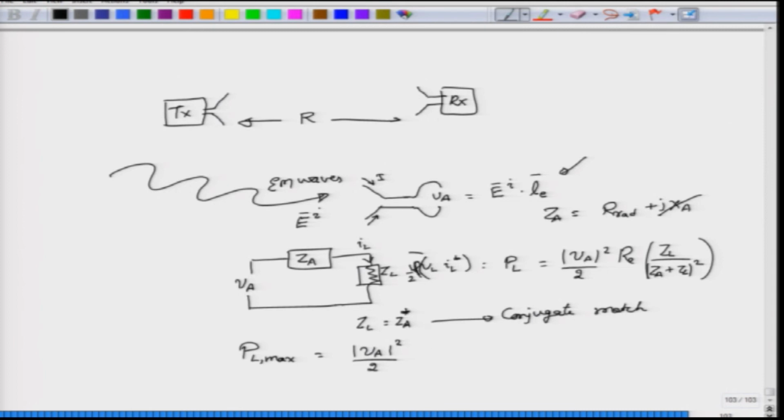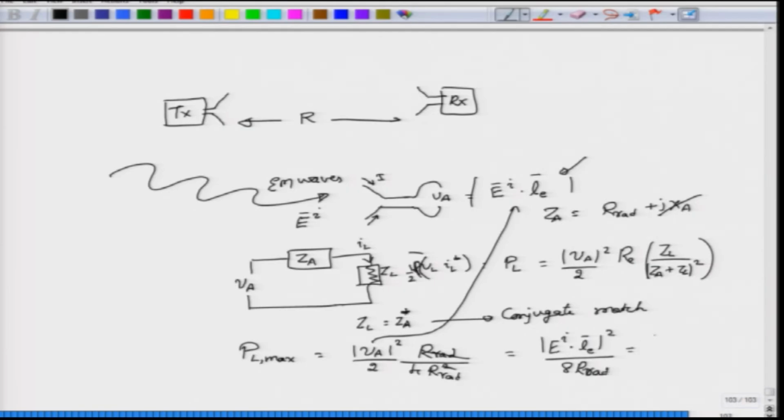And because of that, the expression becomes rather simple. So, you have R, the radiation resistance, divided by the magnitude square of Z_A plus Z_L, which will be 4 times R radiation resistance square. So, you can cancel one radiation resistance on the top, and then look at V_A. V_A magnitude is basically the magnitude of this incident electric field times L_E. So, I can rewrite this expression as |E_I dot L_E| magnitude square, okay, divided by 8 times radiation resistance, okay.